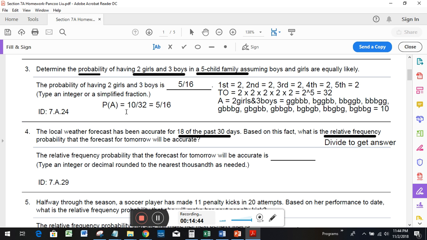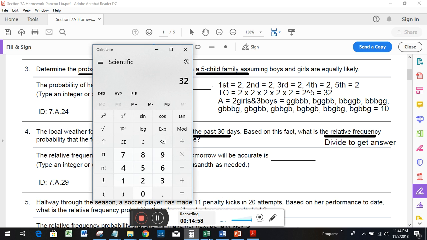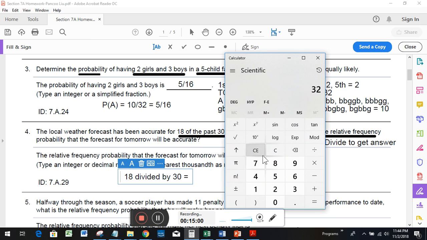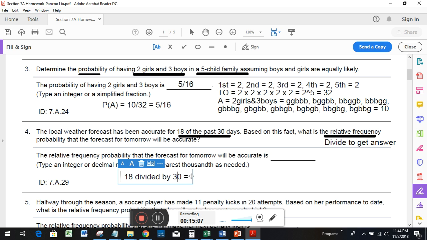Because I'm using the slash to represent fraction, I'll type out the word divide to not get the two confused with each other. So we're going to take 18 divided by 30 to get our relative probability. So 18 divided by 30 will give us 0.6, and that is our answer.